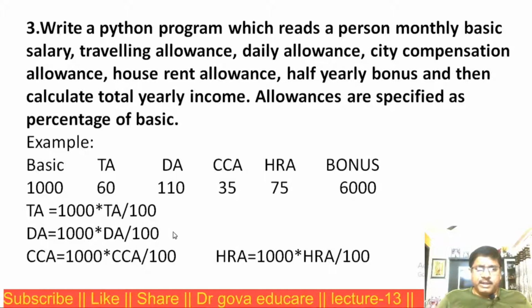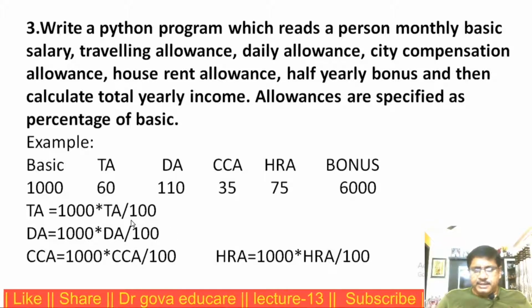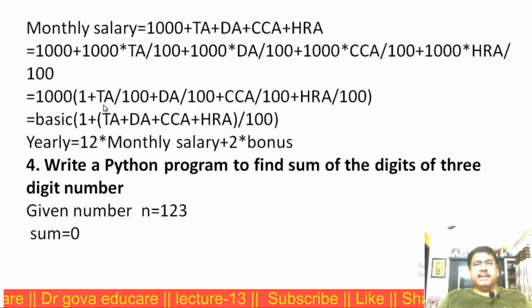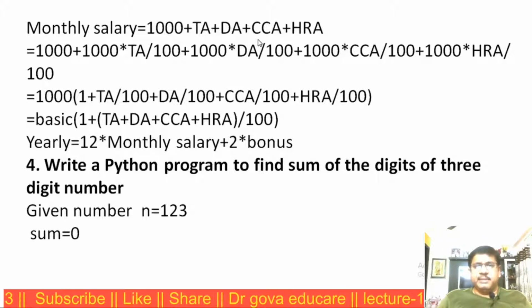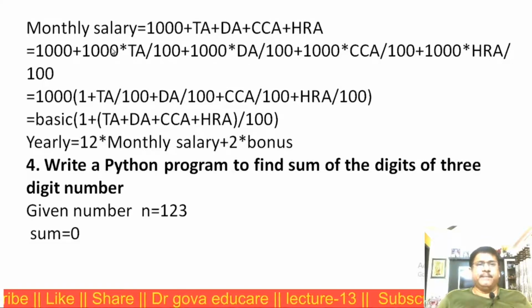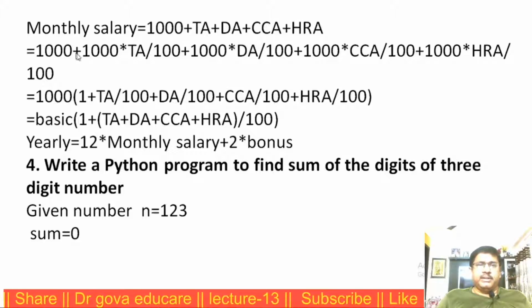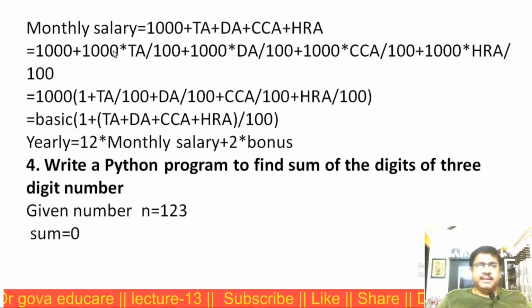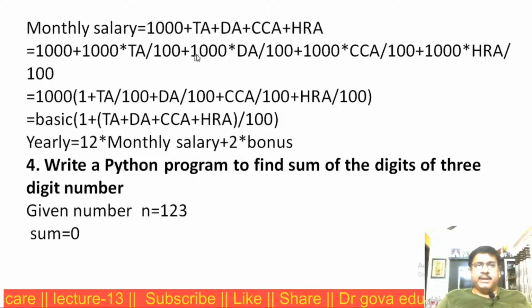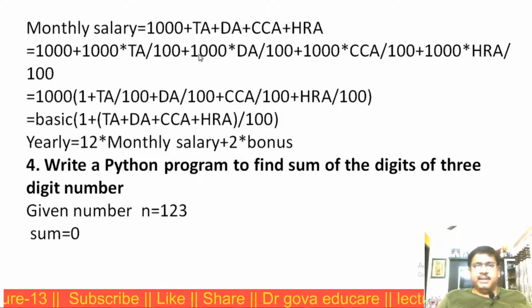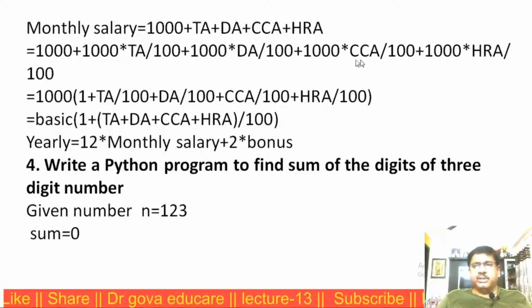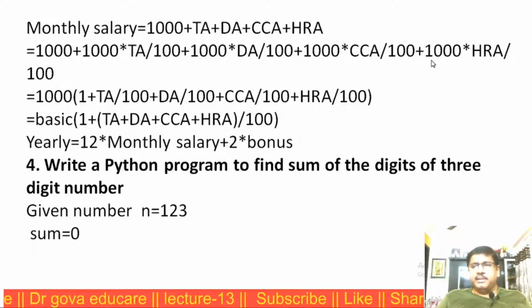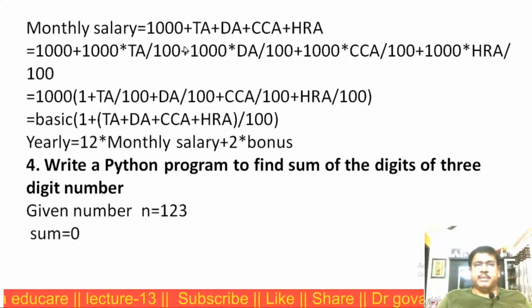Now first I am calculating monthly salary. Monthly salary is equal to 1000, this is basic salary plus TA plus DA plus CCA plus HRA. Now 1000 plus 1000 into TA by 100 plus 1000 into DA by 100 plus 1000 into CCA by 100 plus 1000 into HRA by 100.